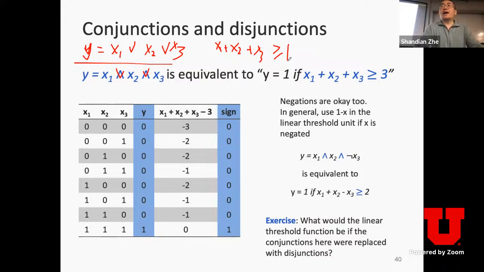And then we can construct our linear classifier. Our score function is simply x1 plus x2 plus x3 minus 1, right? You can construct a table for disjunction and then contrast it to this score function and check their equivalence. I will leave it as an exercise for you.